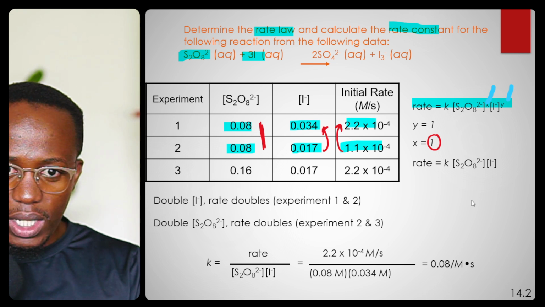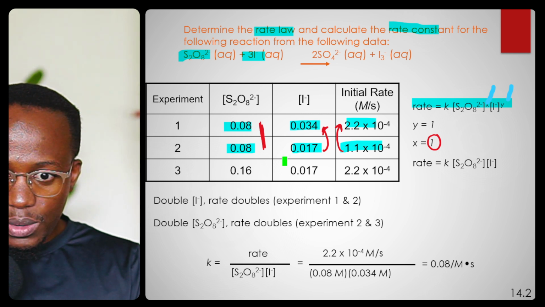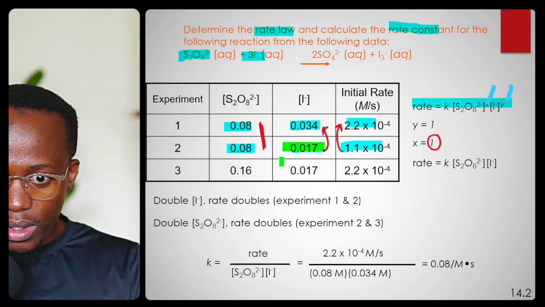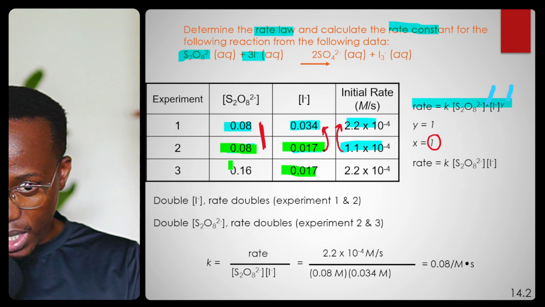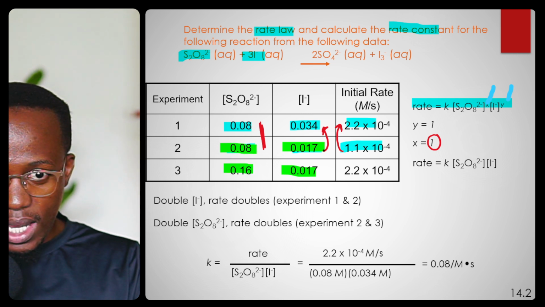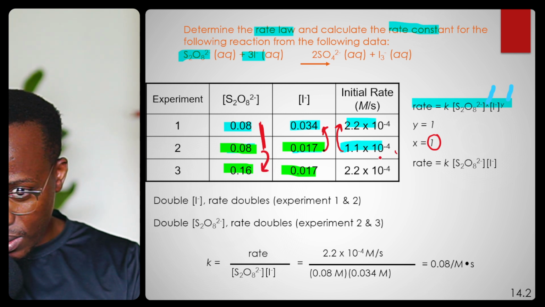The next one, you're like, oh, okay, let's see when the second experiment happened, right? This one stays the same. This one stays the same. And what happens to this one? Oh, it also multiplies by 2. Who knew, right? And then you're like, okay, when this multiplies by 2, what happens to the rate? Oh, look at this.